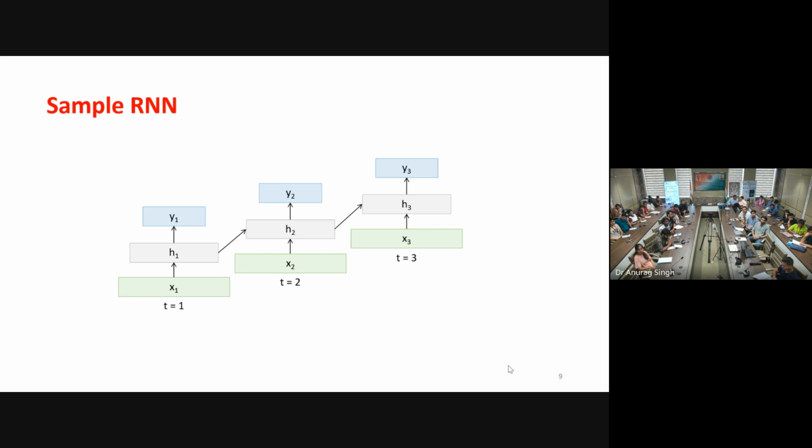But in this important architecture, you have to remember this model H has weights which are the same. It is going to be shared across the whole architecture. Means this module will have certain weights which should be the same across the whole network. It is going to simply unfold. But it is going to consider two inputs. One input will be your input, and another is the state of the last input.